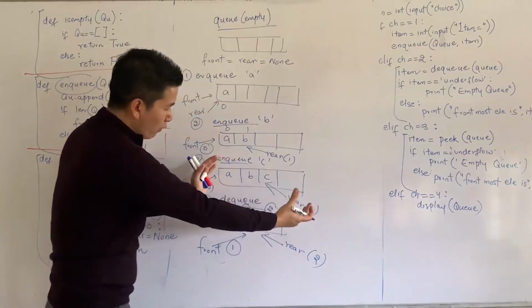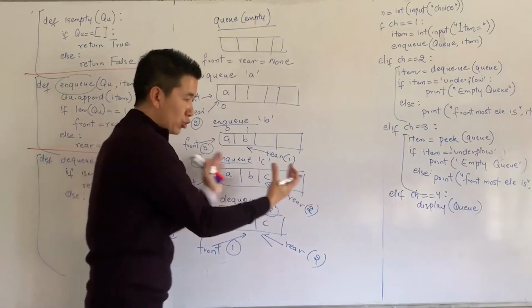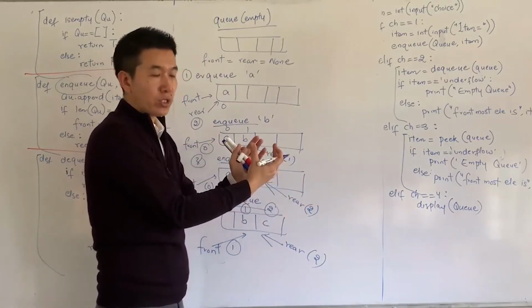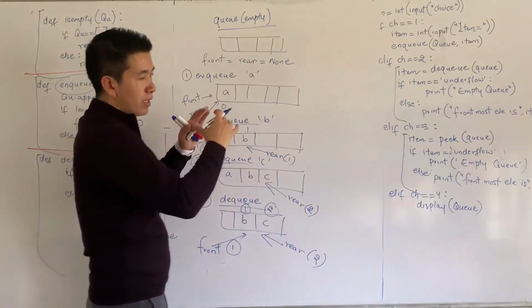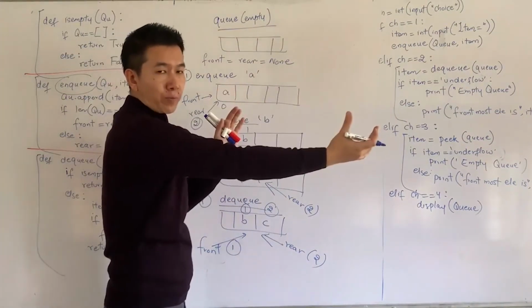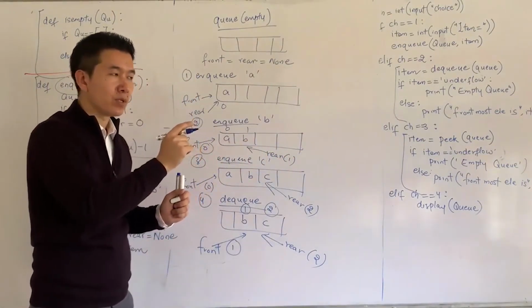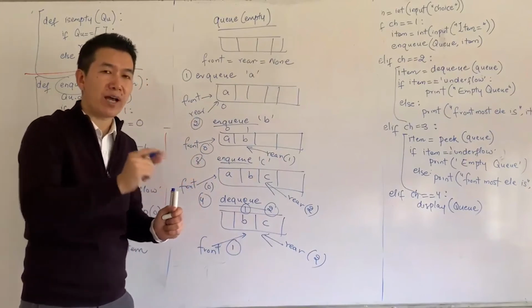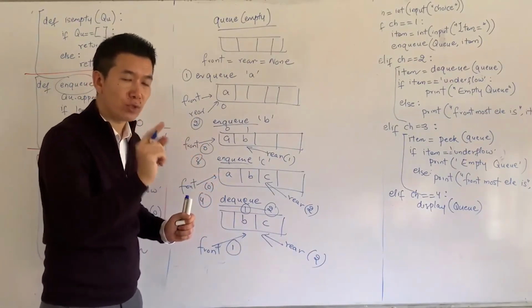If you remove an element from the beginning position, it shrinks in size. So it's so dynamic in nature that the list could either shrink or it could grow. Whatever said and done, the first element in the list will always be represented by the 0. Okay, the index value of 0.